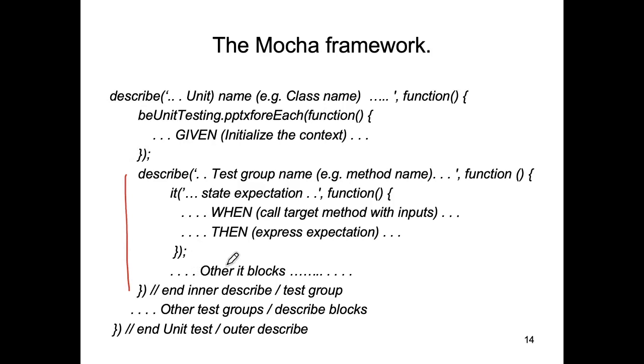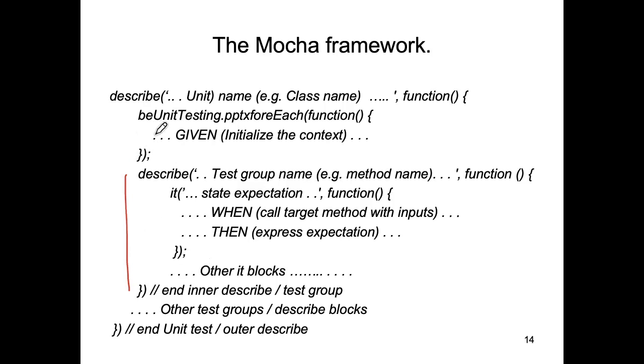Presumably, I'm going to have other it blocks here within this describe. And so whatever code I've put in here, that's going to execute first before each of the it blocks execute. So again, the flow of execution would be the code here executes, then the code here executes, the code here executes again, then the code inside the next it block executes.